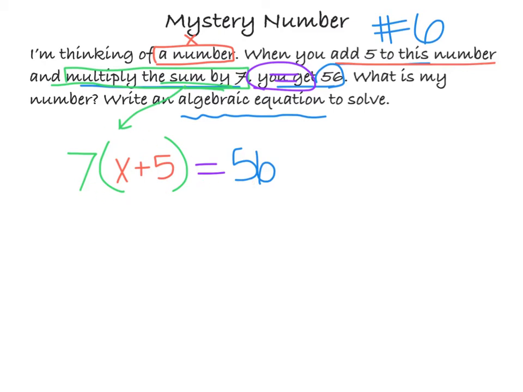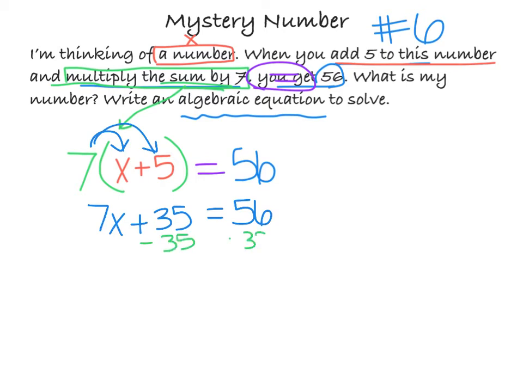Now it's a matter of solving this equation. So I'm going to use the distributive property as I solve. And I'm going to say, okay, well, this is 7 times x plus 7 times 5, 35, equals 56. And now I'm going to subtract 35 from both sides. That's going to cancel it out from the left side, and I'll have 7x equals, let's see, 21.